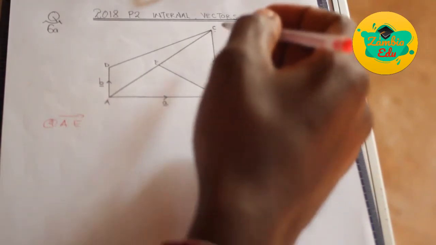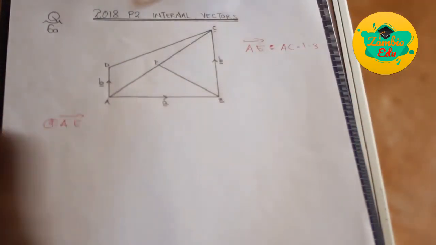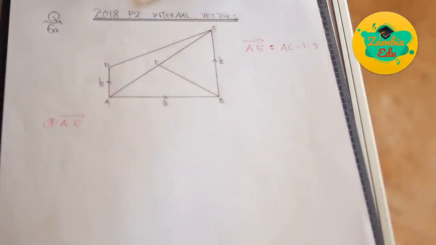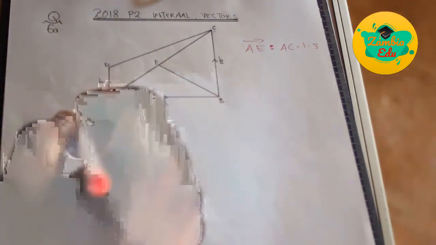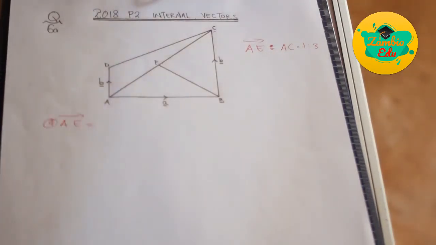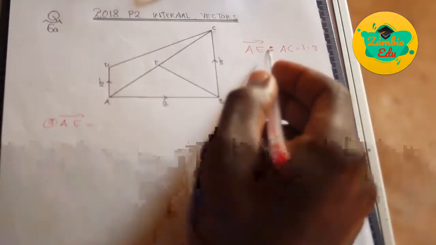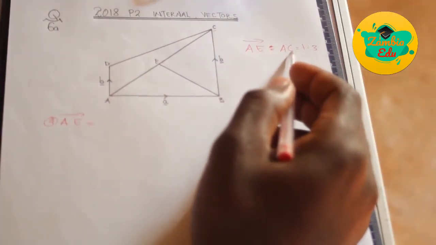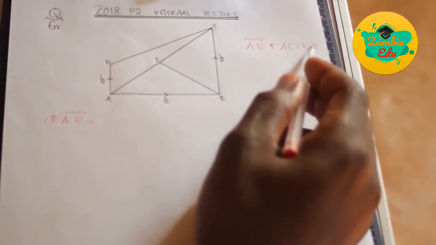Then we have BC there. So where is AE? AE is there. How do we find AE? So now the ratio that we have has told us that AE to AC is equal to the ratio 1:3.